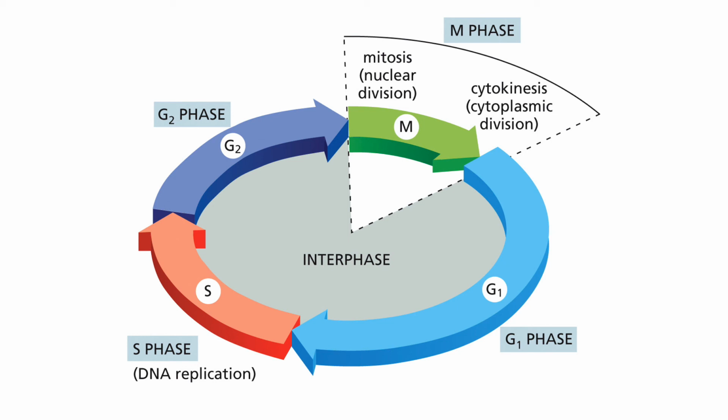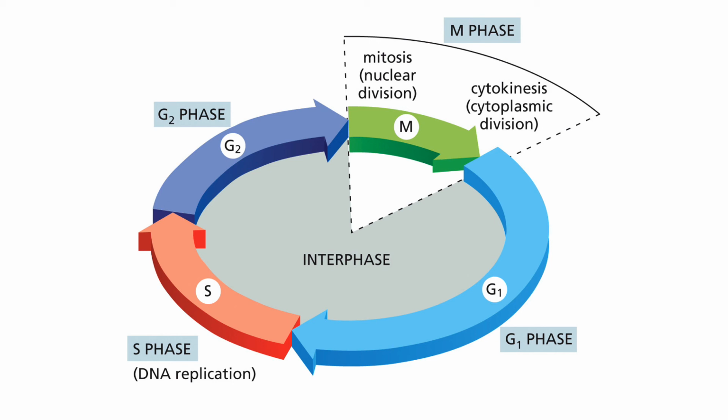Now, if a normal cell division cycle is around, let's say, 22 to 24 hours, the large bulk of that is what's called interphase. Interphase is the time of the cell cycle where you can't see anything happening.